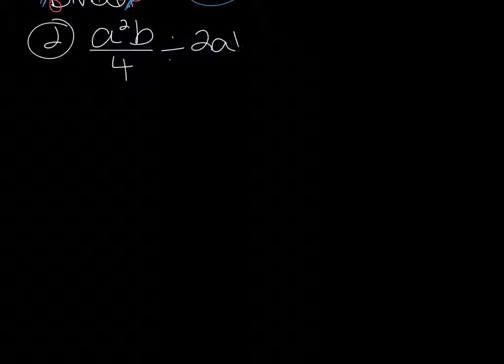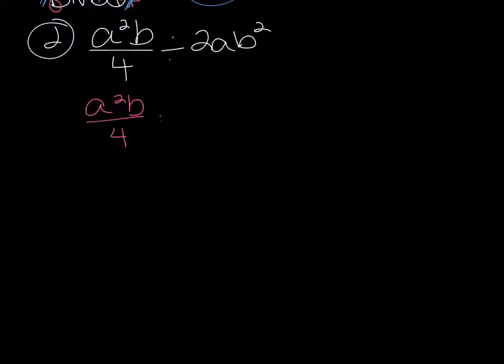Okay, number 2. Let's try a squared b over 4 divided by 2ab squared. The first thing we have to take care of is that division sign. I cannot divide fractions, so the first fraction stays the same, a squared b over 4.